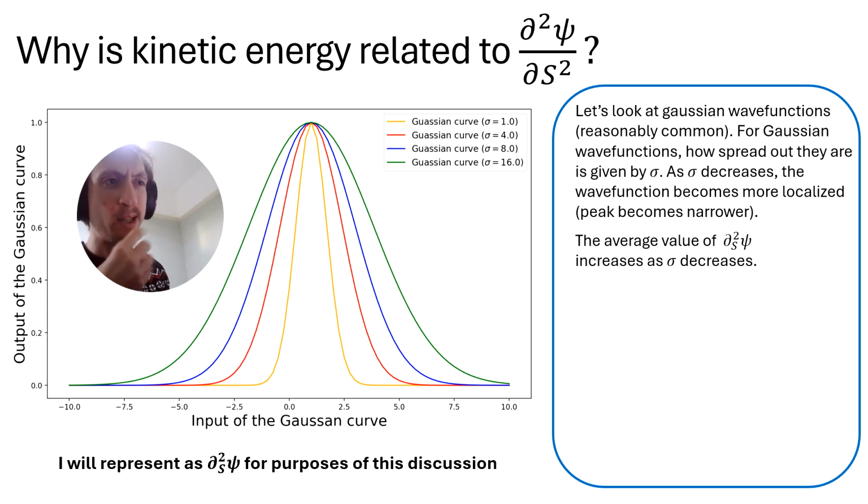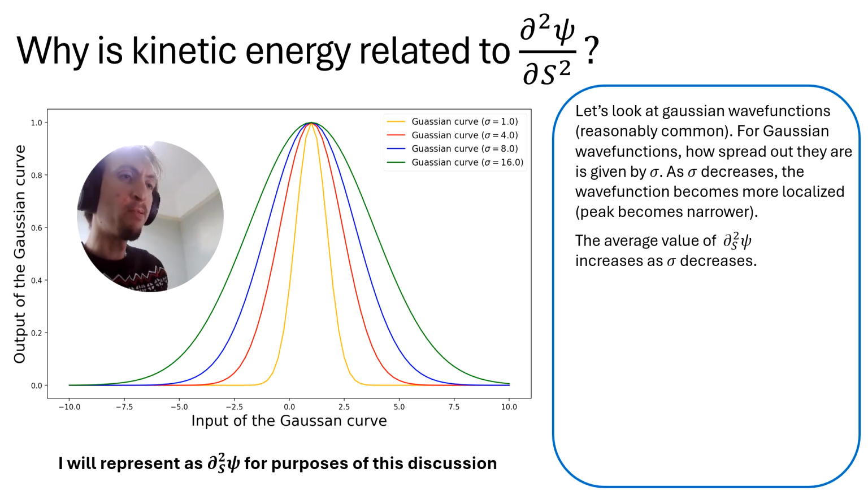And to see that, let's think about mathematically how we would measure how narrow a peak is. So if a peak is very narrow, then the gradient of that peak is changing very significantly over our value of S. It changes very significantly indeed.